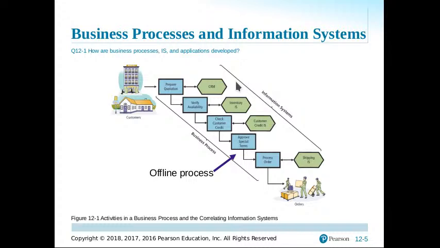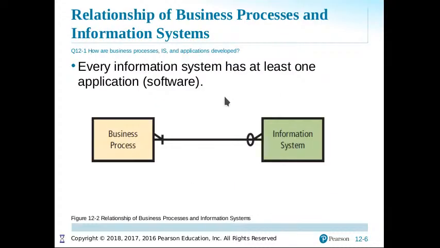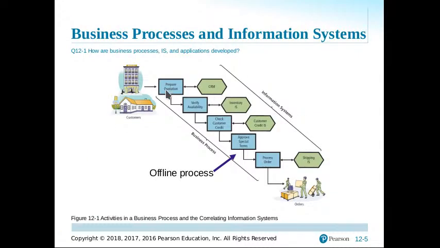And from the other side, given an information system, it should be a part of a business process. Okay, sure, because the organization will not install or set up any information system with no use. So that's the relationship from the information system to the business process. Each information system should always support a business process.